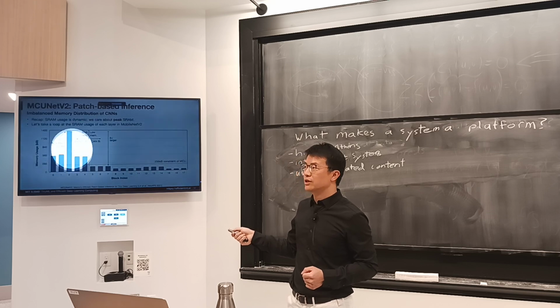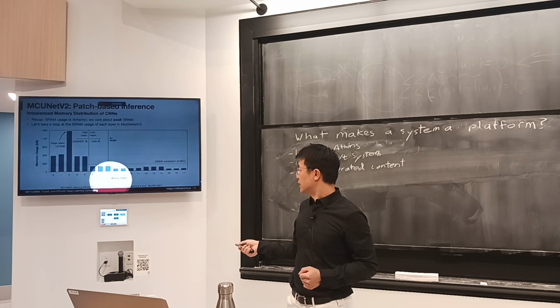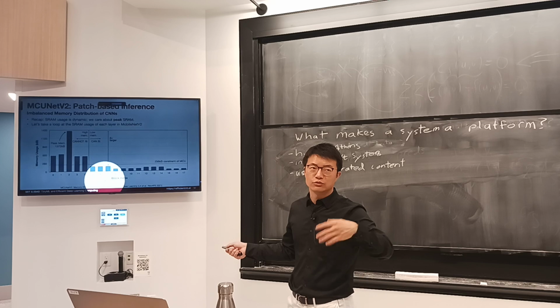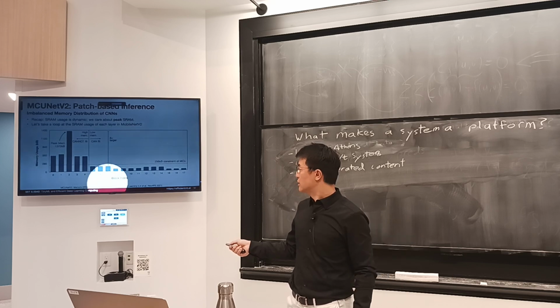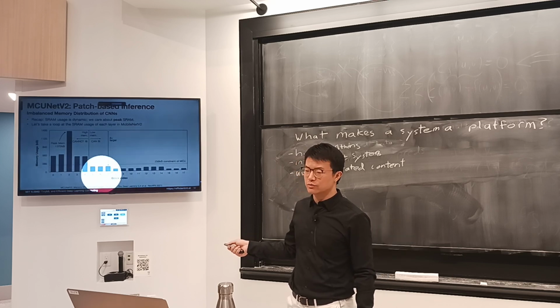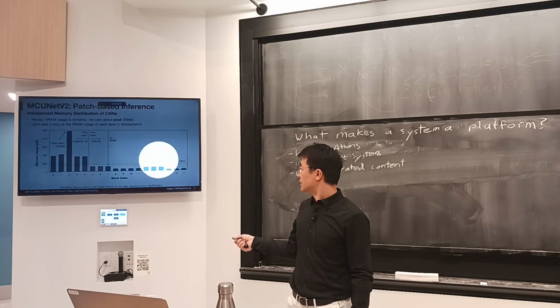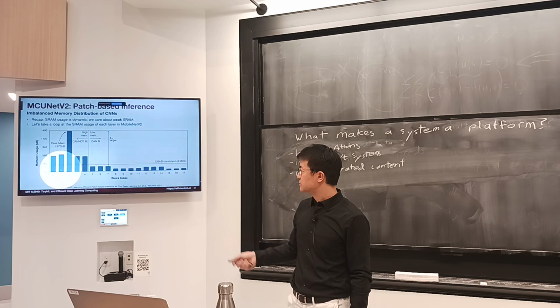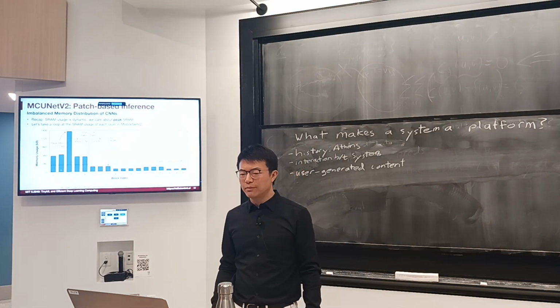The first couple of layers use a lot of memory, very high bars, and in the later blocks, as you downsample, the resolution gets smaller and smaller, so the activation is getting smaller and smaller. And here is the 256 constraint of a microcontroller. So this is our memory constraint. What happens here?